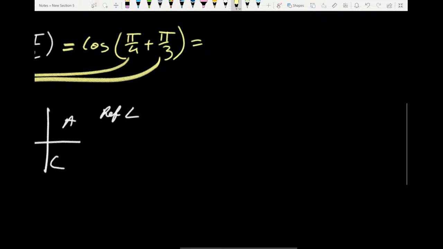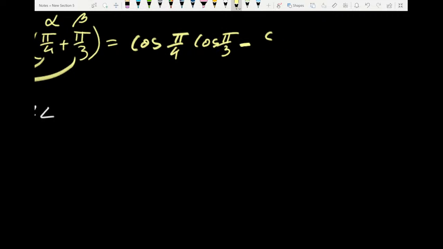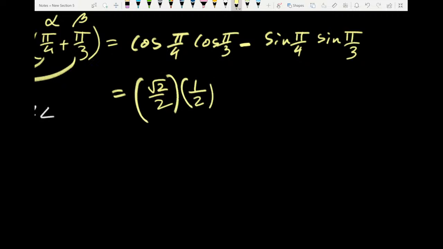This actually gives me, if this is your alpha and this is your beta, cosine of pi over 4 cosine of pi over 3 minus sine of pi over 4 sine of pi over 3. And I know the exact answer for each of them. Cosine of pi over 4 is square root of 2 over 2. Cosine of pi over 3 is just 1/2.